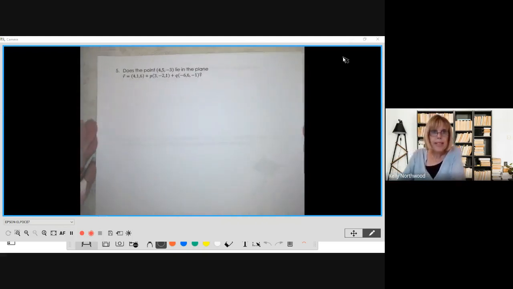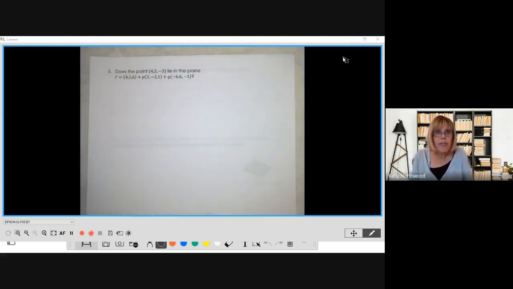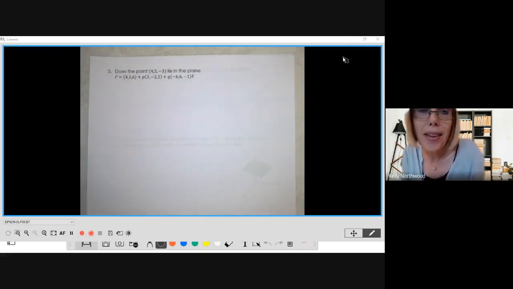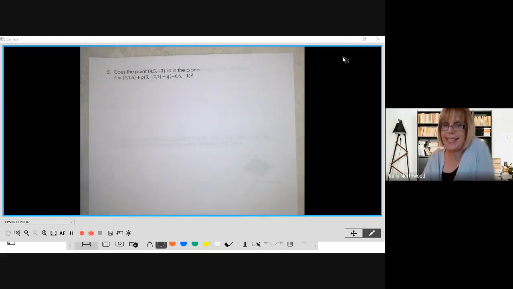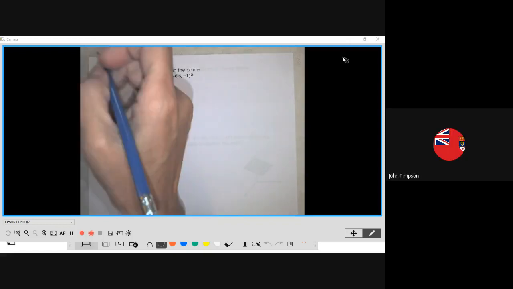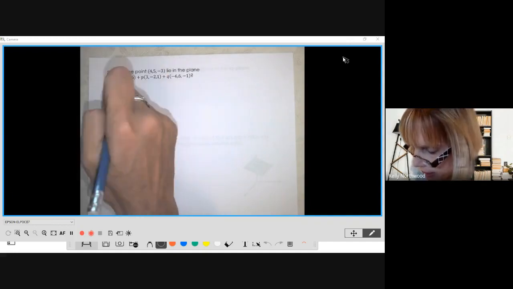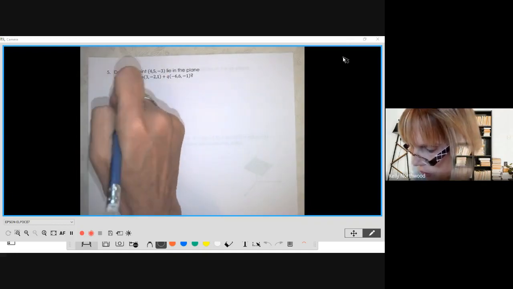All right. Does the point (4, 5, -3) lie in this plane? Any ideas? Maybe you could use parametrics. Yes. Okay, so that is what I would do first. I'm going to use parametrics here.